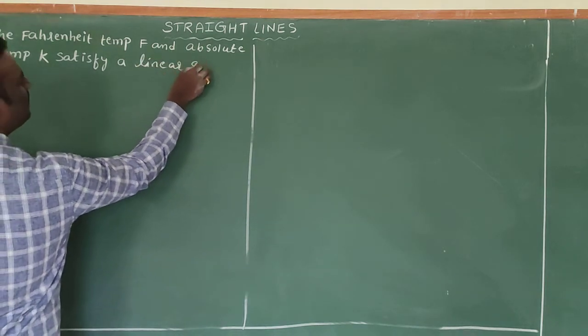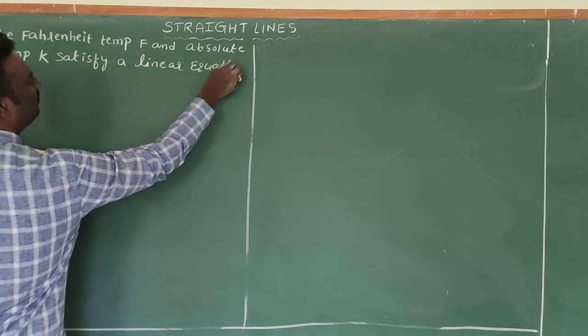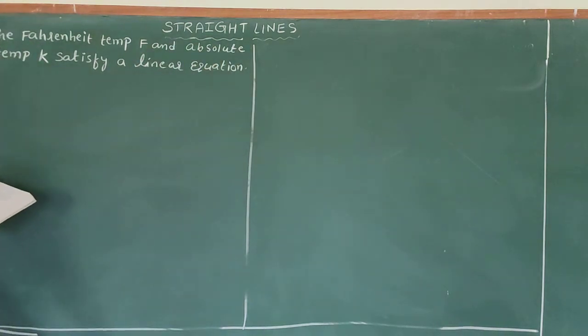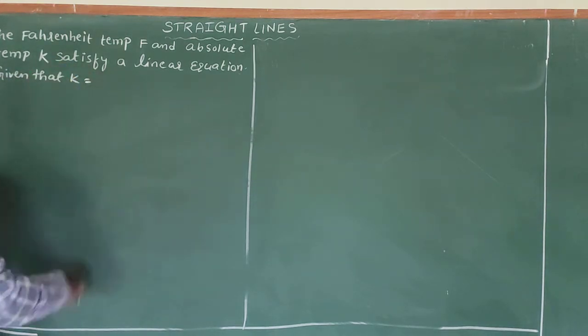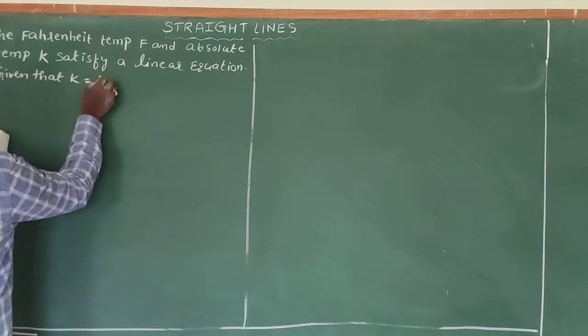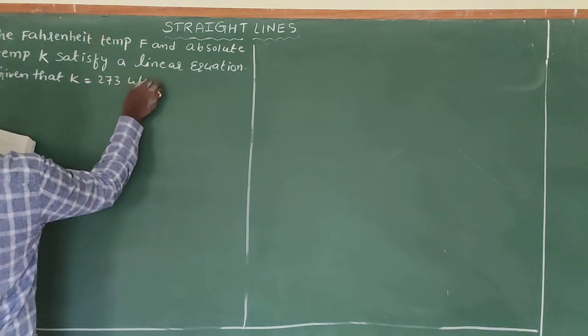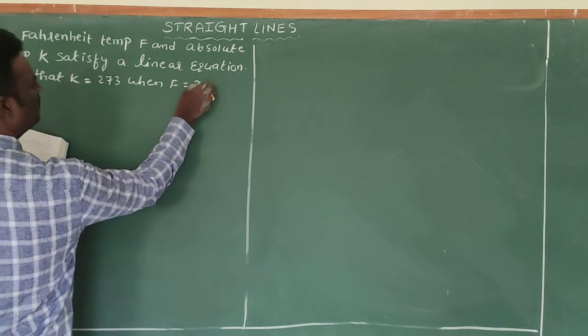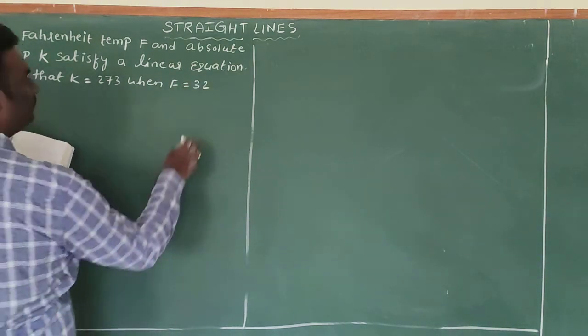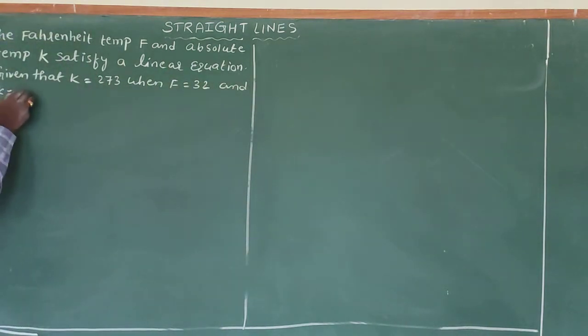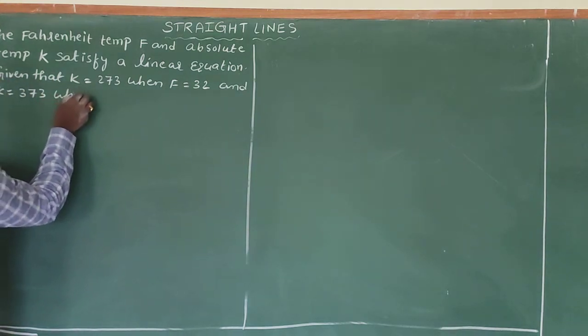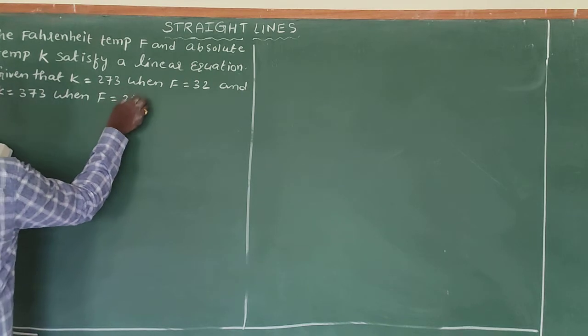Linear equation is nothing but a straight line. Given that K equals 273 when F is equal to 32 and K equals 373 when F is equal to 212.